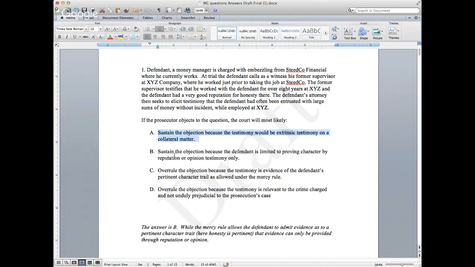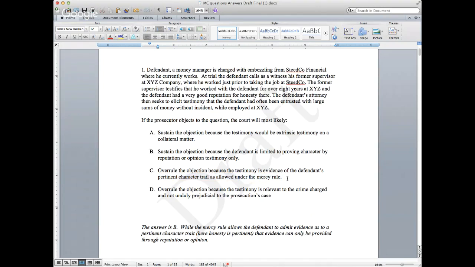Let's look at C. Overrule the objection because the testimony is evidence of the defendant's pertinent character trait, which is allowed under the mercy rule.